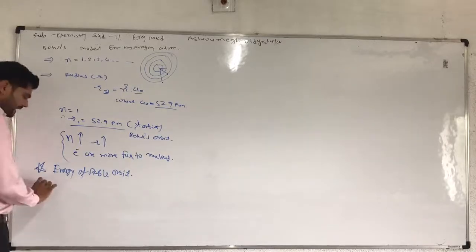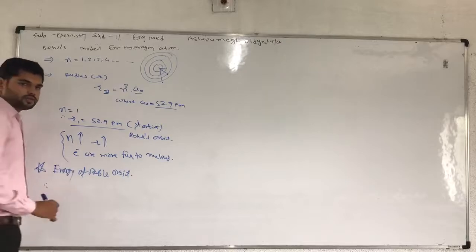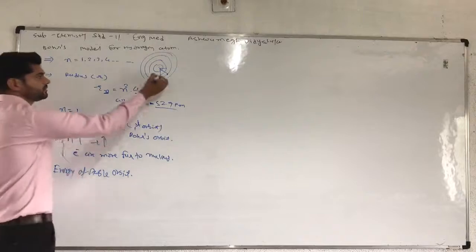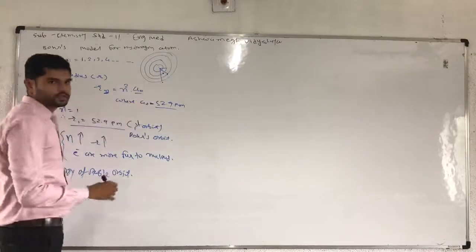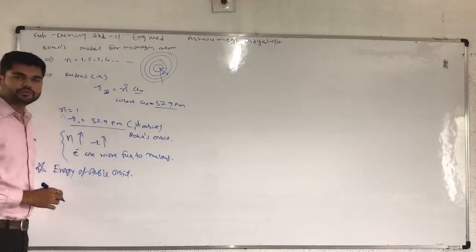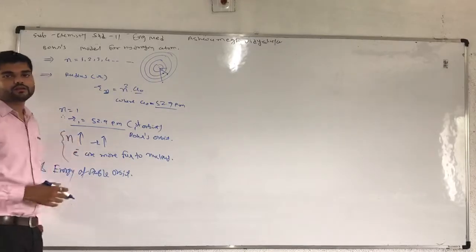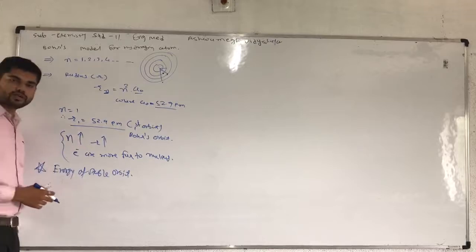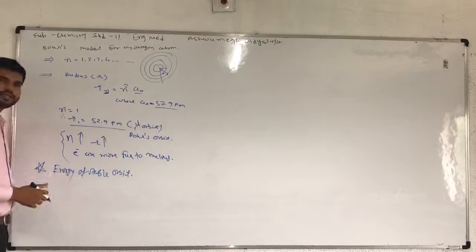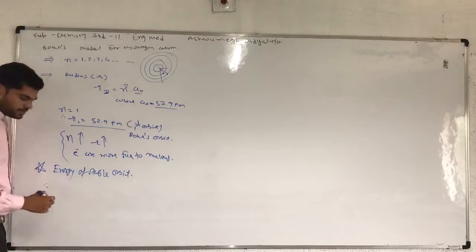Energy that coincides with a stable orbit is known as stable energy. In the previous Bohr's postulate, we found the frequency, nu, of orbits and angular momentum. Now we have to find the energy of this stable orbit.